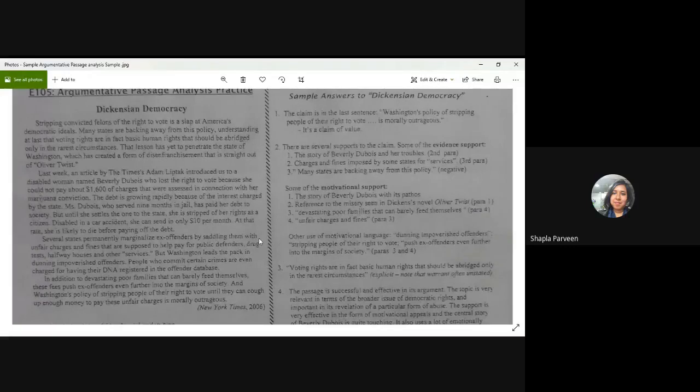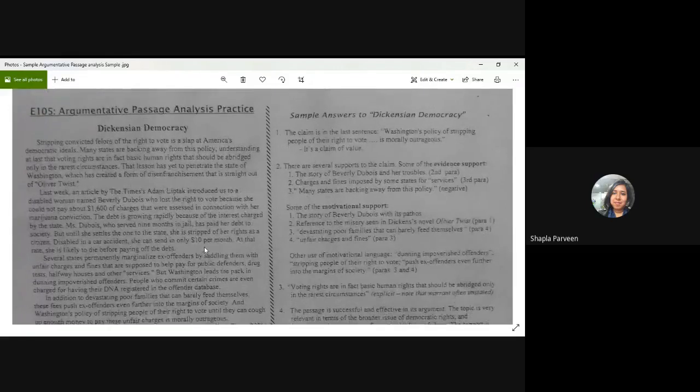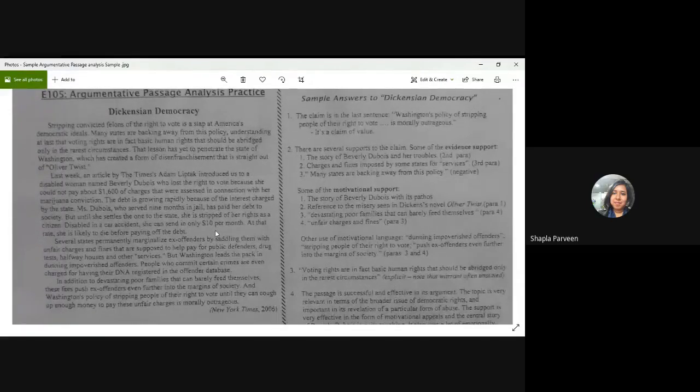The passage is called Dickensian Democracy. So it's an interesting topic. It's about this woman's case, how she suffered. Her name is Beverly Dubias. So the passage is about her.